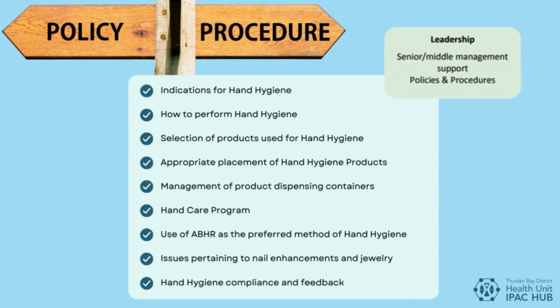For each care setting, a written hand hygiene policy and procedure must be developed that includes the following: indications for hand hygiene, how to perform hand hygiene, the selection of products used, appropriate placement of hand hygiene products, management of product dispensing containers, a hand care program, use of alcohol based hand rub as the preferred method of hand hygiene, issues pertaining to nail enhancements and jewelry, and lastly, hand hygiene compliance and feedback.